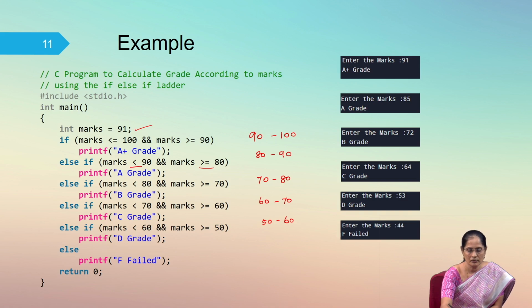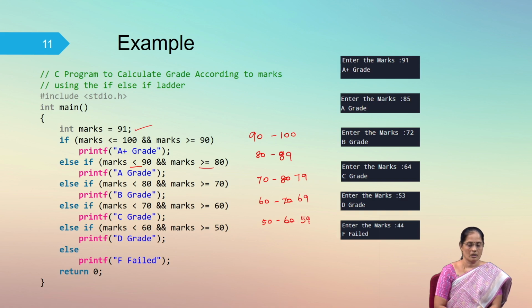So, this condition will only check 80 to 89. Similarly, 70 to 79, 60 to 69, 50 to 59. If all the conditions are not true, we can just print the message as failed.